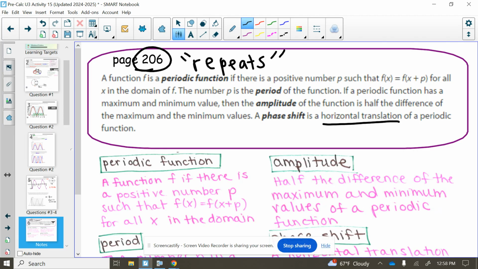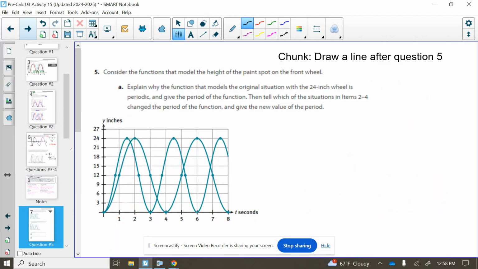And all of these vocab words, again, you will see on page 206. So now if we look at them in action, for question number 5, if we look at this graph that took us from that original 4 seconds to shrinking it down to only 3 seconds, what that's going to be changing is our period, right?